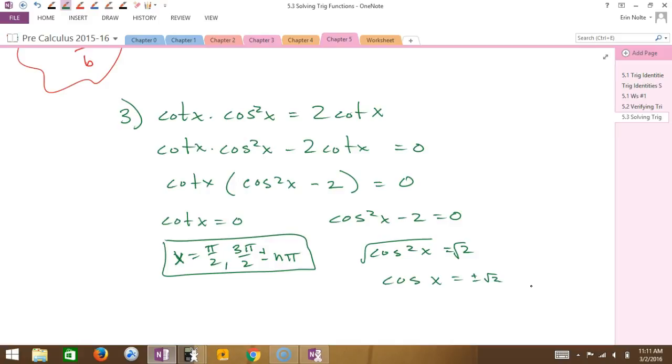So is there a place on your unit circle where the x value is just a square root of 2 or a negative square root of 2? There's square root of 2 over 2, but that's not the same. So can I solve that particular equation? No. Okay, so this one is a no solution, which happens. So my answer is just the one that I got from the cotangent equation.